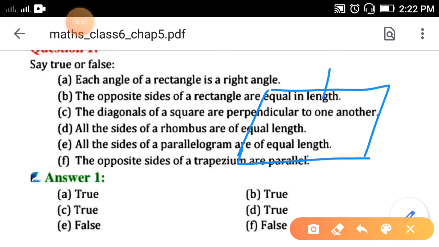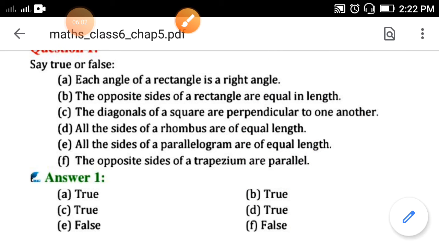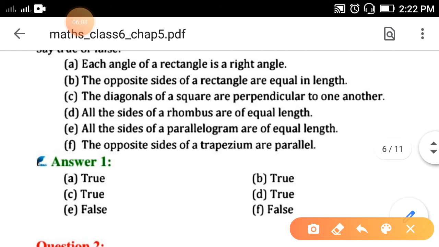Yes, opposite sides are of the same length. Here you can see these two sides are of equal length, and here the vertical two lines are equal. So, it is false. We can say in a parallelogram that opposite sides are of the same length but not all four sides.